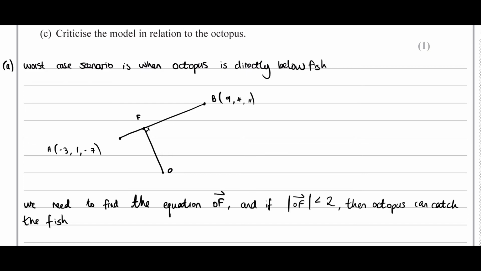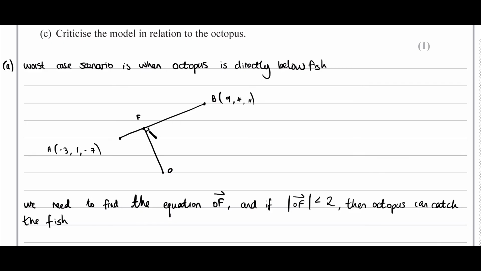So we need to find the equation of OF, and then find the distance OF. Remember, the worst case scenario is when the octopus is directly below the fish, and because of that, OF and AB intersect at 90 degrees.